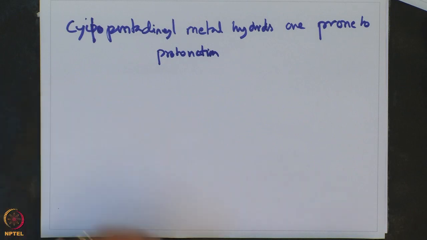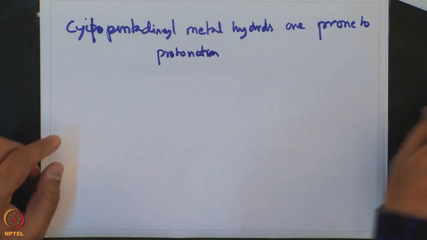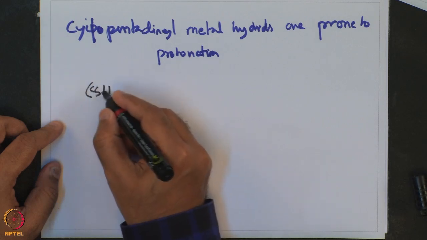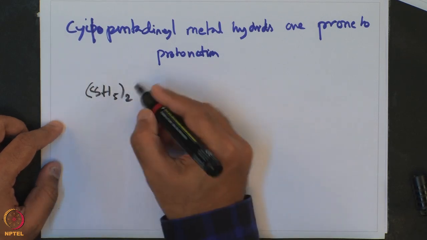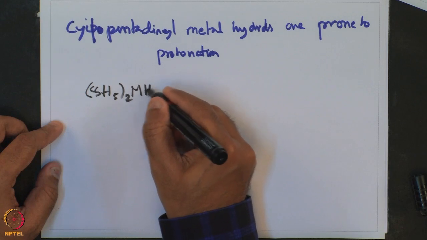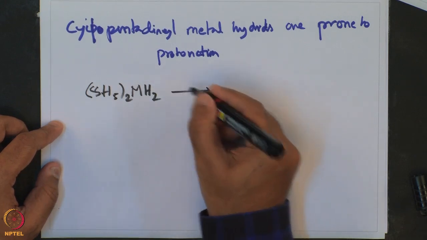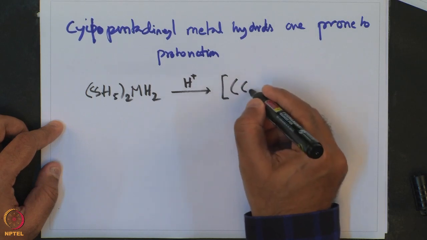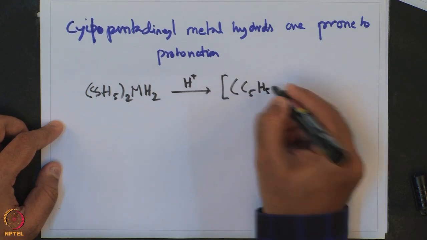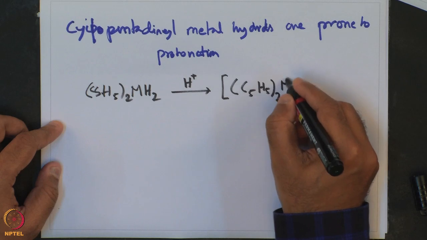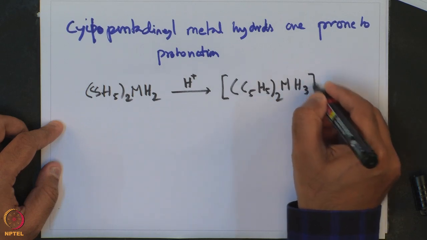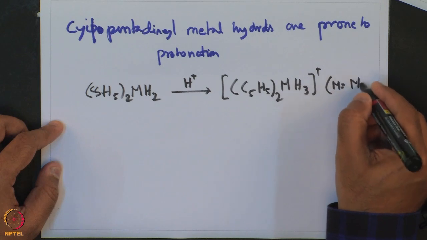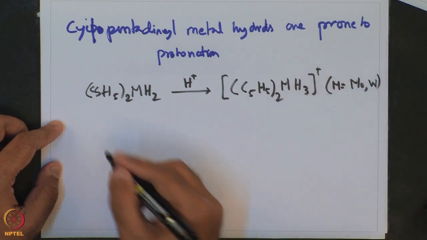For example, I am illustrating this using C5H5 MH2 in the presence of H plus, giving C5H5 MH3 plus. M can be molybdenum or tungsten.